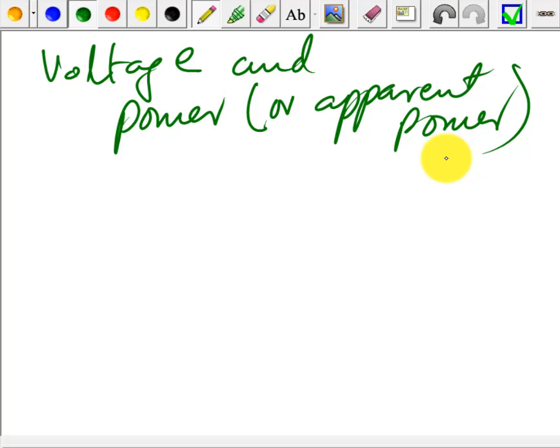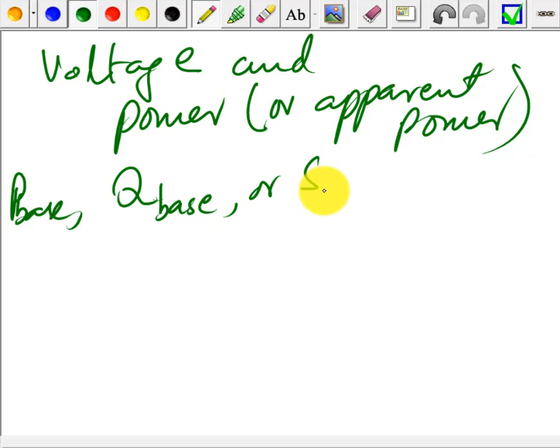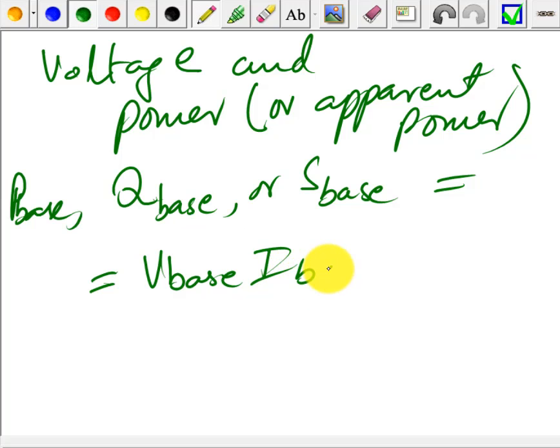In single phase systems, these relationships are: for the P base, Q base, or S base, they all can be written as V base into I base.